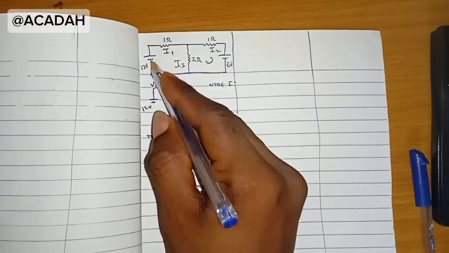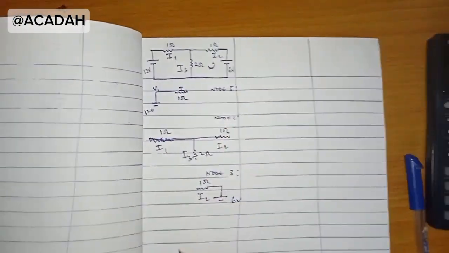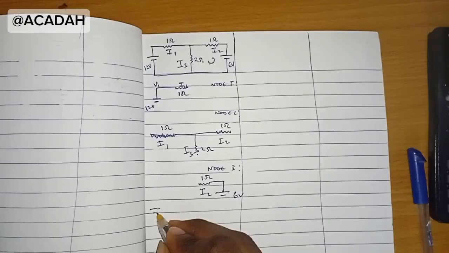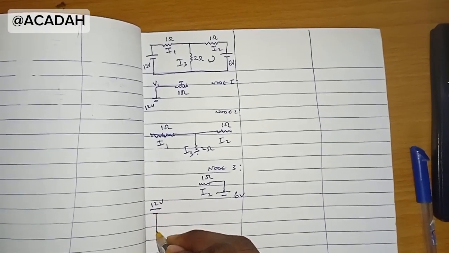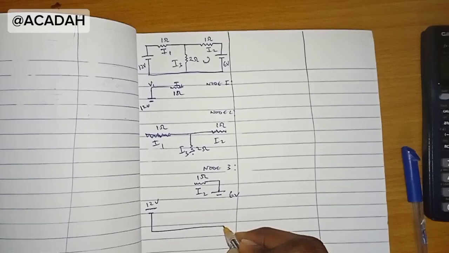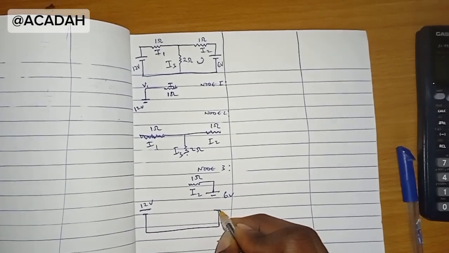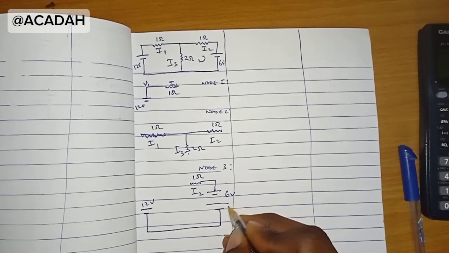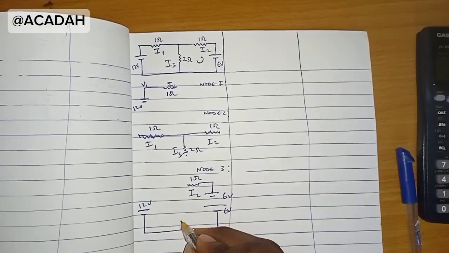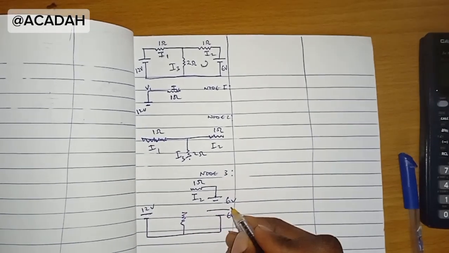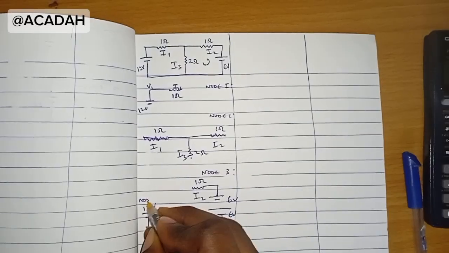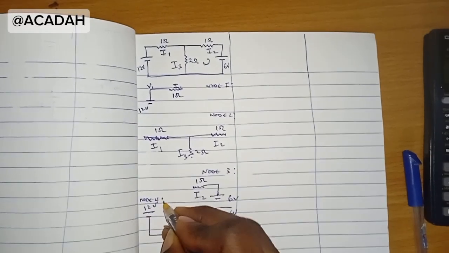Then on the ground, I see that I have a voltage, that is 12 volts, starting from this, running like this, then to another voltage, 6V. Then inside this node, I have this. So this is node 4. Don't confuse it.